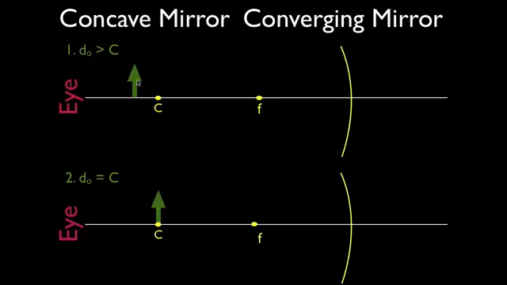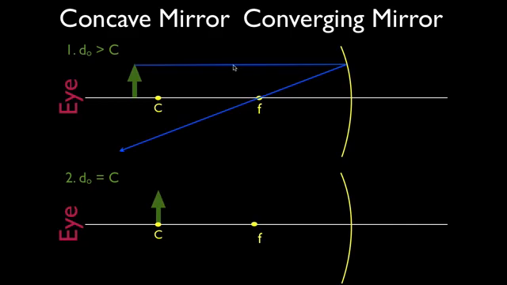Okay, so for example, for the concave mirror, the first ray we draw, we draw from the tip of the object, and it always goes into the mirror parallel to the principal axis. So this light ray comes off the object, goes into the mirror parallel to the principal axis, and comes out through F. So it goes like that.